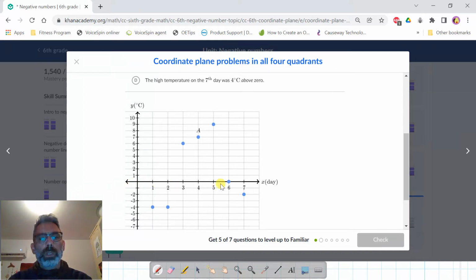Okay, so if the x-axis is the number of days, day number 1, day number 2, day number 3, day number 4. So on day number 4, the temperature was 7 degrees Celsius.